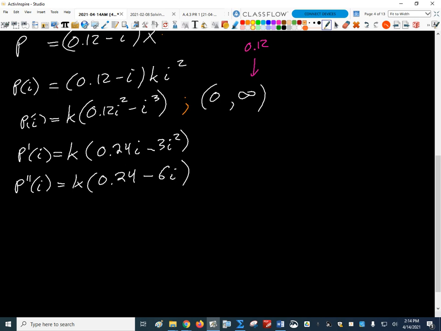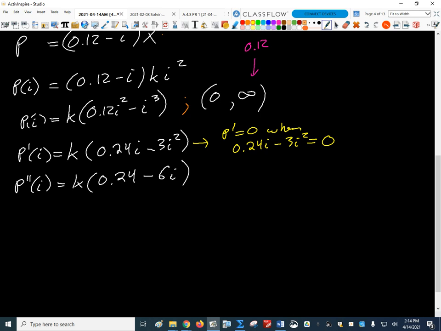And here's where we can find our critical numbers. We would know that P prime equals 0 when 0.24I minus 3I squared equals 0.